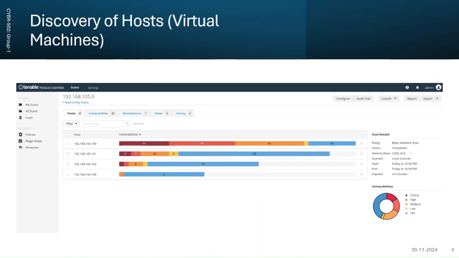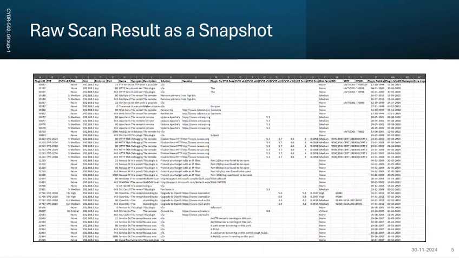After discovering active hosts, Nessus provided detailed scan results which highlighted the severity levels of vulnerabilities across the network. Let's look at a snapshot of the findings in the next slide. This slide presents a snapshot of our scan in raw format. It highlights the severity level of identified vulnerabilities across the different hosts.